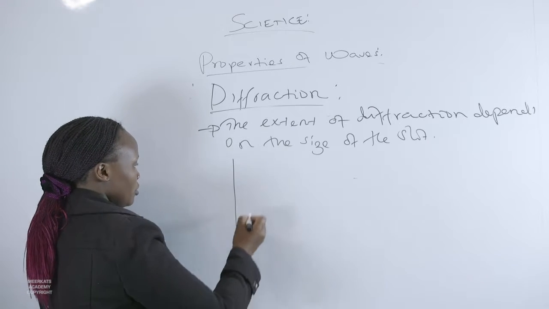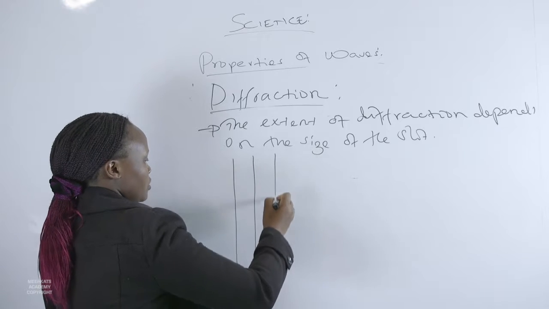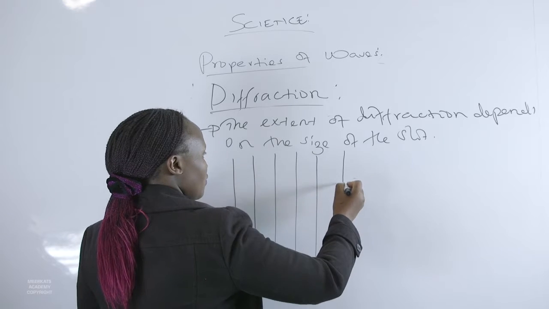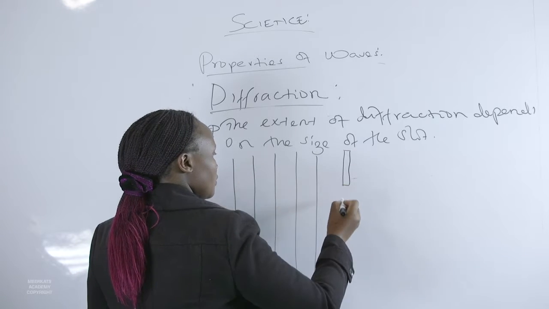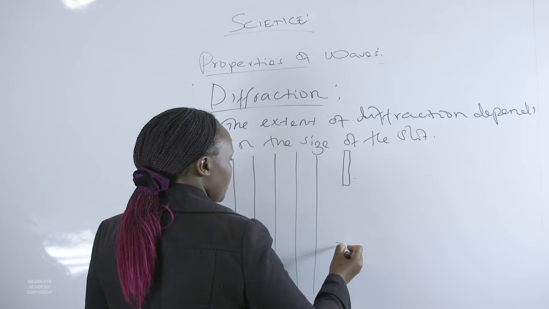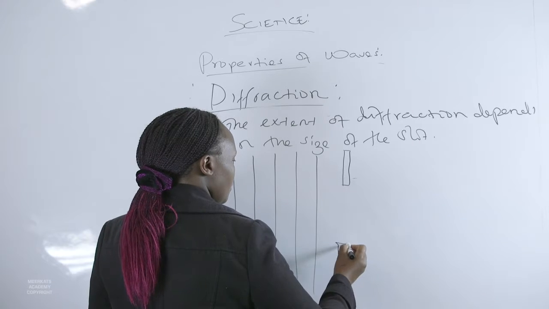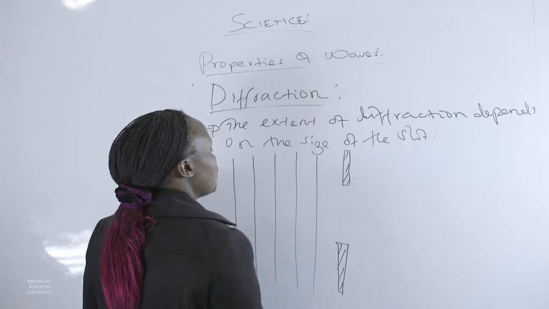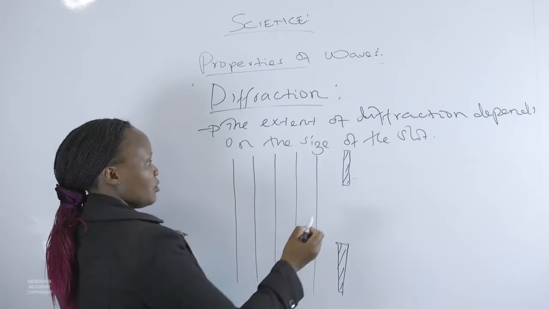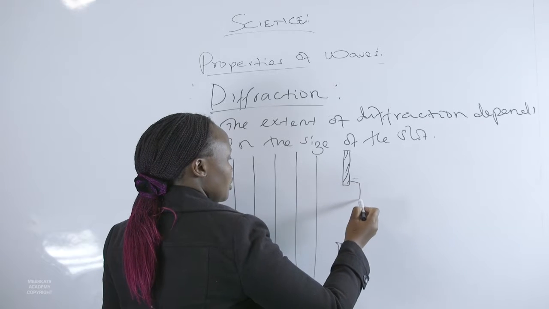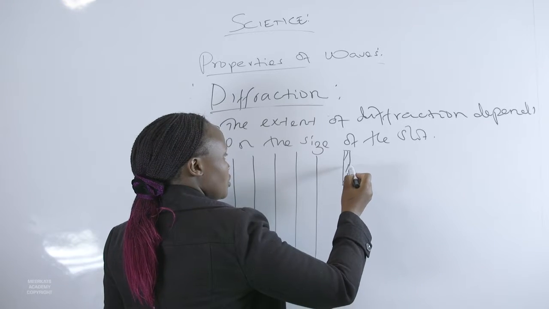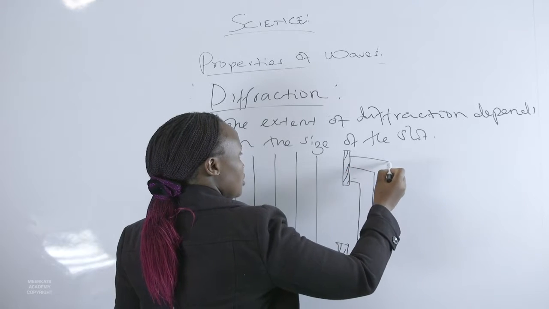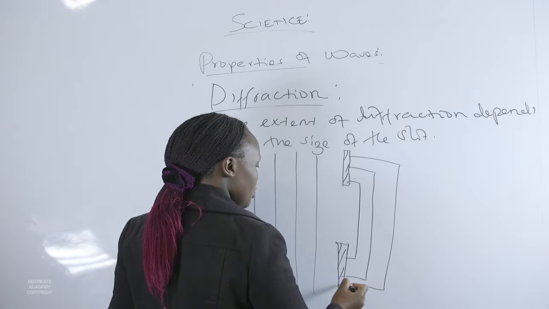Take an example of wavefronts that go through an obstacle with a very big slit. Now, these wavefronts are going to emerge almost plane. They are actually going to emerge almost plane.